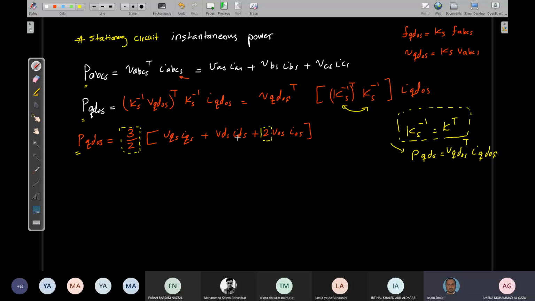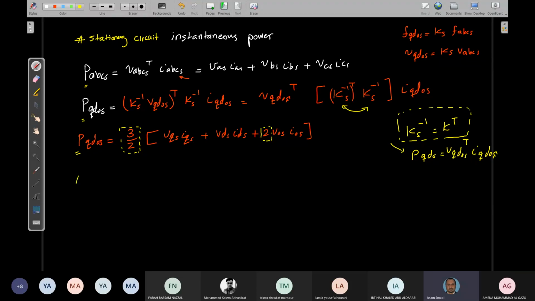Because simply if I change the power, this means that I'm changing the system. If I'm having 1 horsepower in the ABC, if I transform it, I will get 2 horsepower. This will be ridiculous. This is changing the problem. The power is not changing under the transformation change.